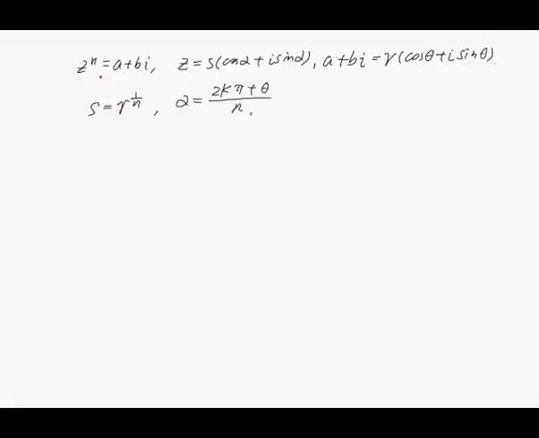For this one, the variable is z, so the degree of this polynomial is equal to n. So totally, we have n roots. So that means we just let k equal to 0, 1, 2, through n minus 1. Then we can find all those n roots. If you take the other integers for k, you just get the repeated roots you already got in these n roots. So this is the stuff we learned last time.